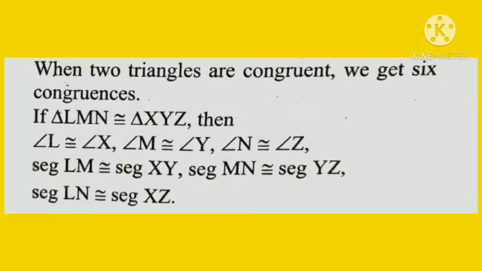Now, when two triangles are congruent, we get 6 congruences.